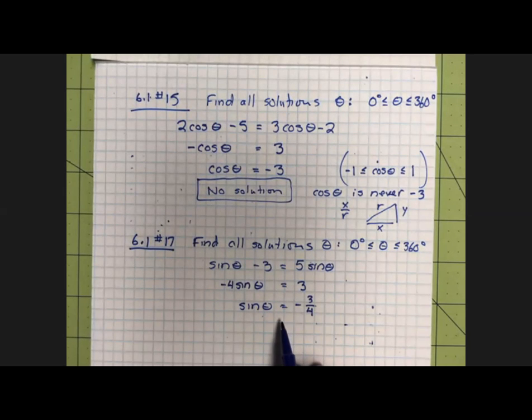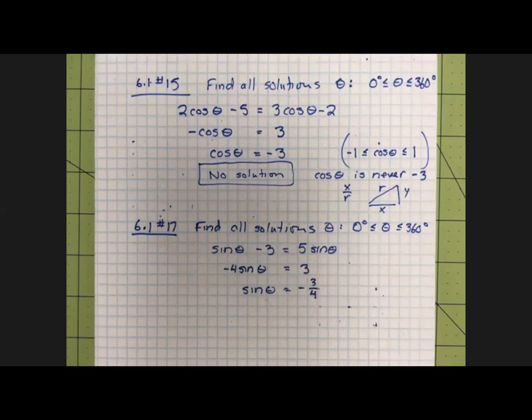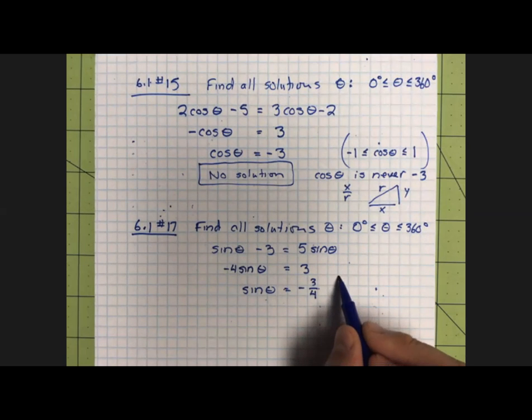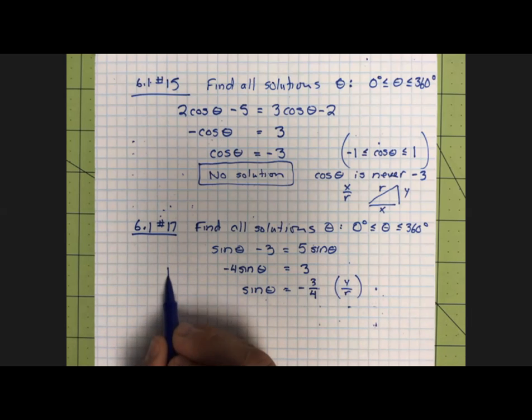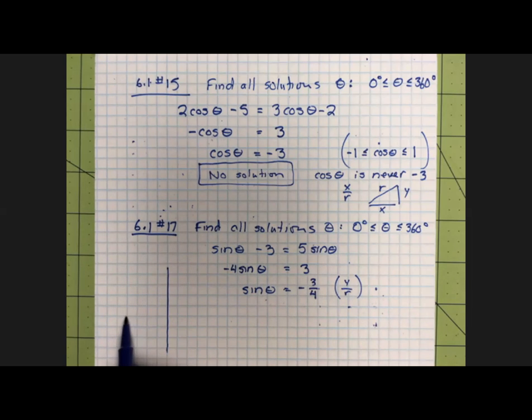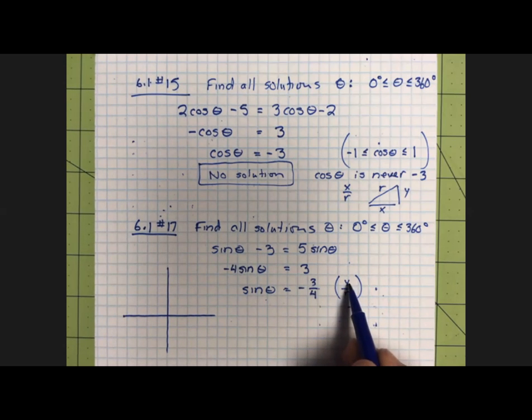Now I can draw this angle, but it's not a famous angle that I know, right? I'm looking for sine, y over r, equal to 3 to 4. I can certainly draw that. And I want the y to be negative. The radius is never negative.